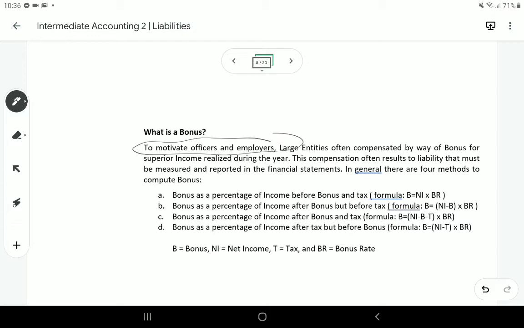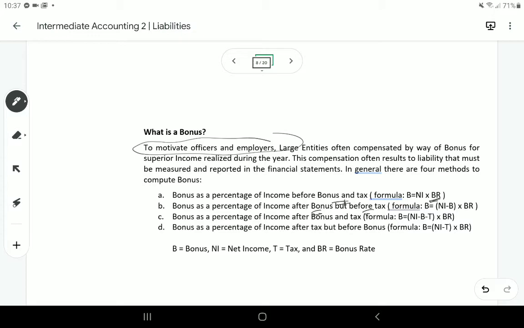Bonus as a percentage of income before bonus and tax, which is B equals net income times bonus rate. Simpleng computation lang. Net income multiplied by the bonus rate. Next is bonus as a percentage of income after bonus but before tax. So, ang bonus daw is kukuwentahin based sa net income na binawas na ang bonus, pero bago pa ibawas ang tax.